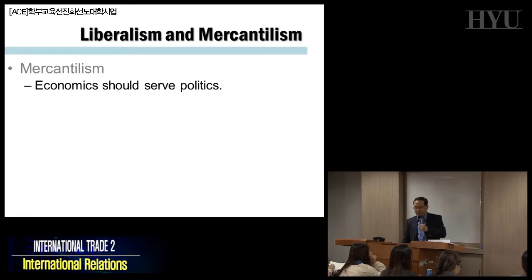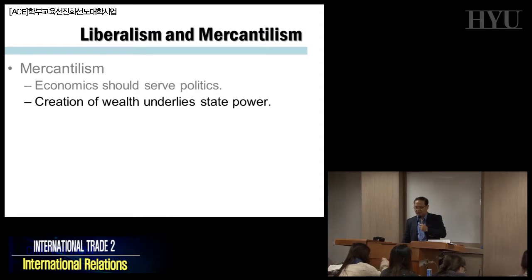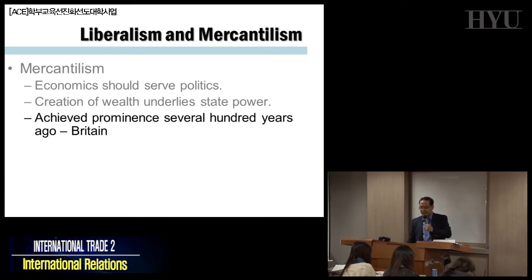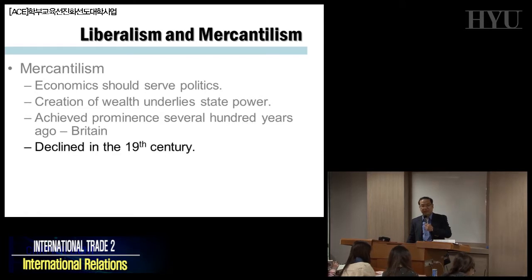Mercantilism: economics should serve politics. You can remember that. It declined in the 19th century.